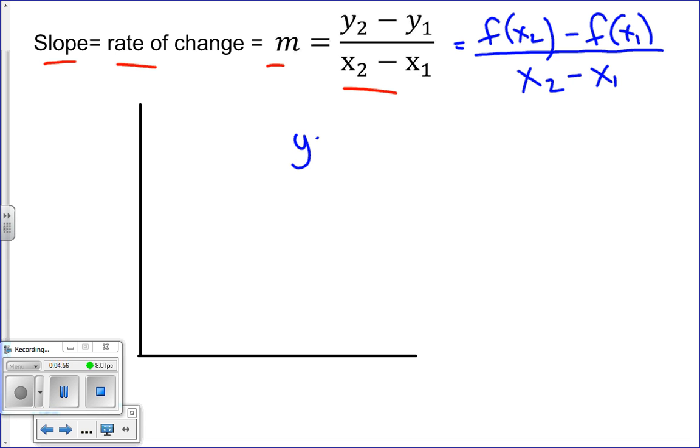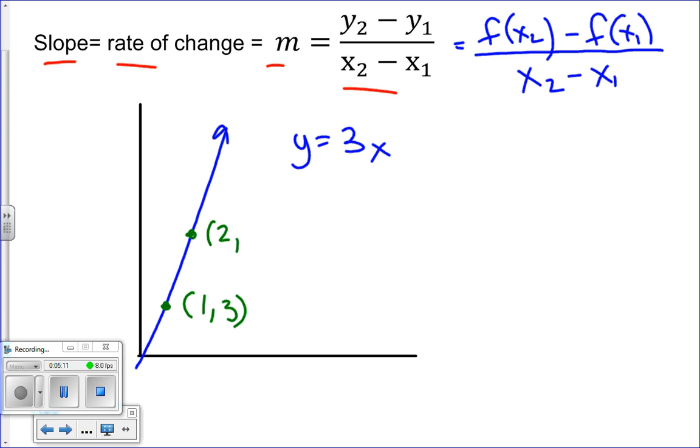Let's take y equals 3x. All right, so let's take that function. I'll just graph it here. An ordered pair on this graph is going to be 1, 3. I'm just taking it times 3. Another one will be 2, 6. So when I find the slope of this, this is going to be the change of the y-coordinate.